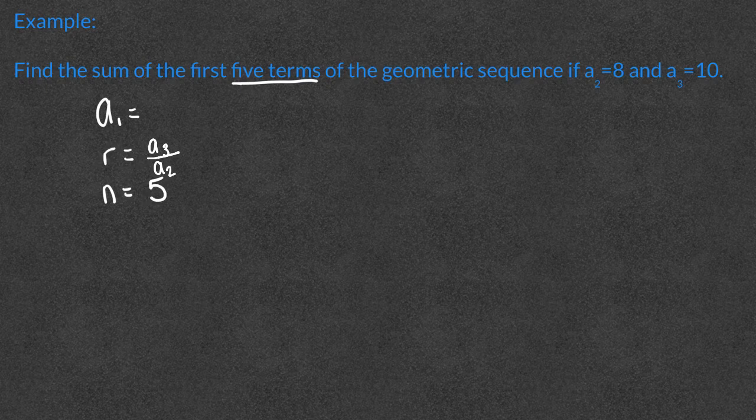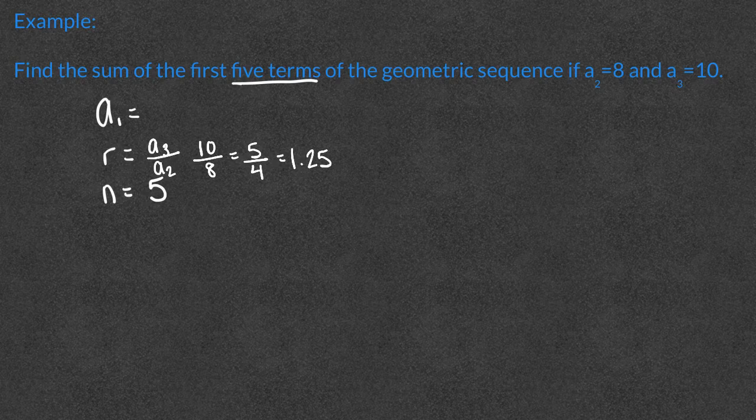If you have 2 consecutive terms within a sequence, you go ahead and divide them to be able to calculate the ratio. So I'm going to take 10 and divide it by 8, and that's going to leave me with 5/4, or 1.25 if you're looking at a decimal.